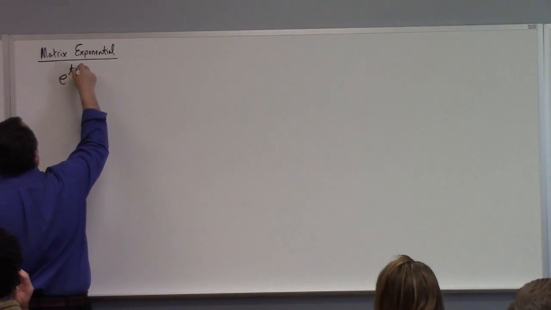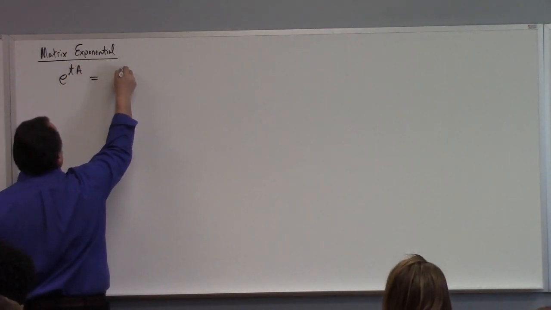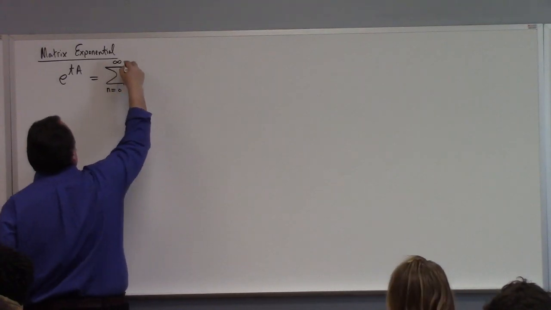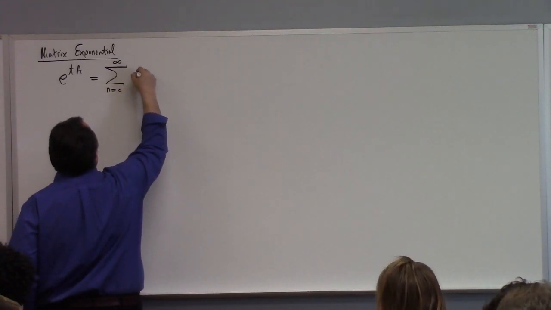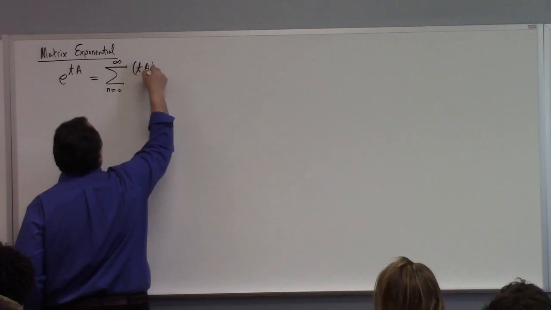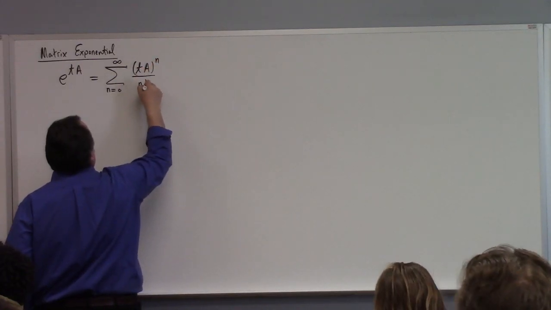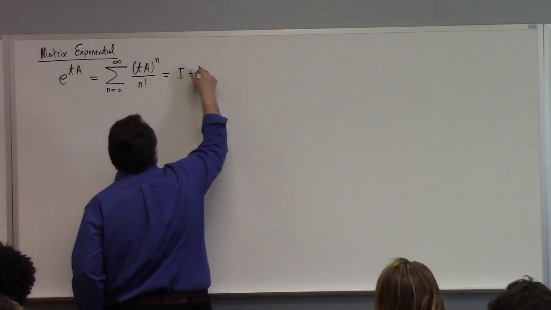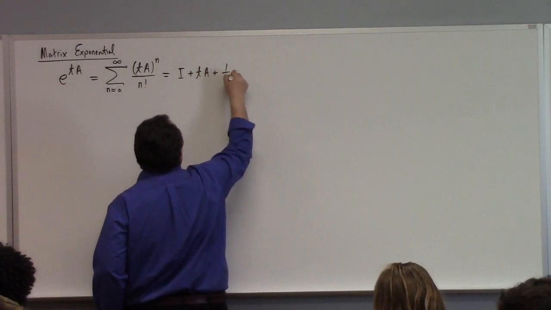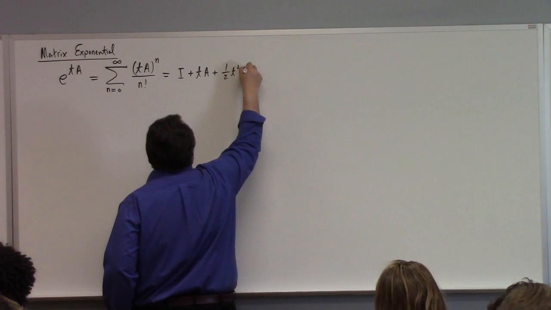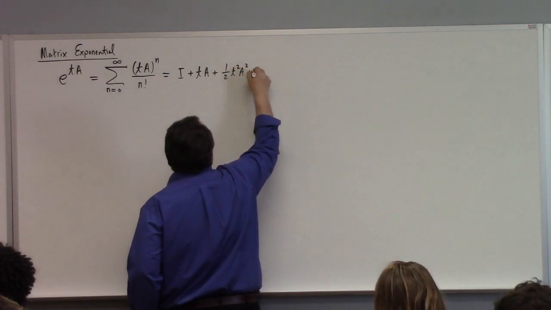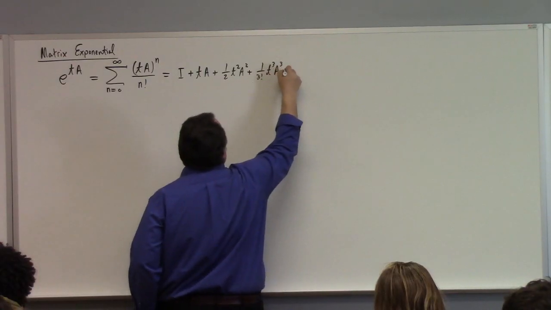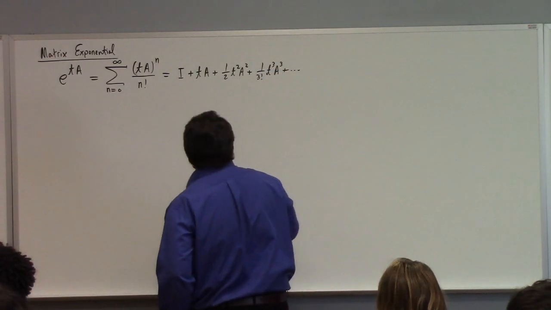e to the tA is the summation n equals 0 to infinity of tA to the n power over n factorial. And that is the identity plus tA plus 1/2 t squared A squared plus 1 over 3 factorial t cubed A cubed plus dot dot dot, right?